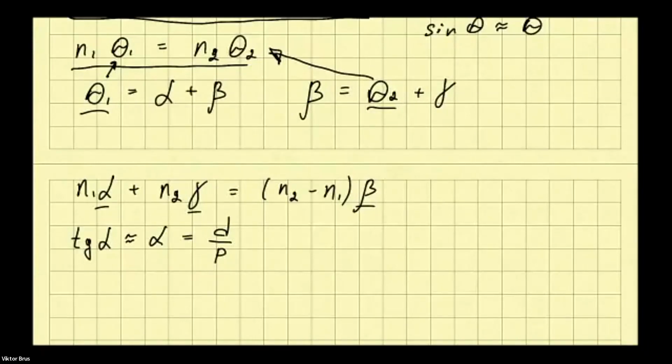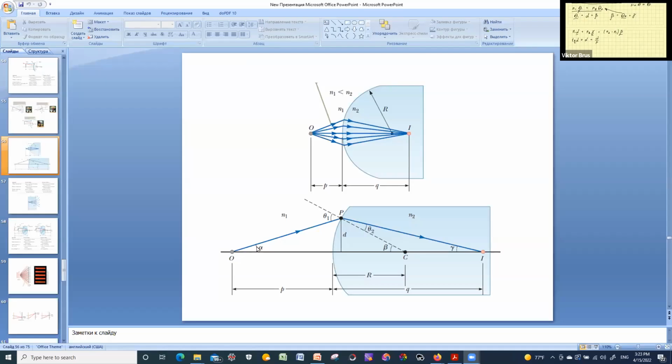Let me show you again this image. So now we try to find tangent alpha, which in first approximation for small alpha can be replaced just by alpha.